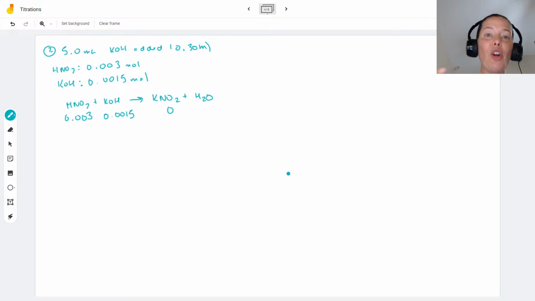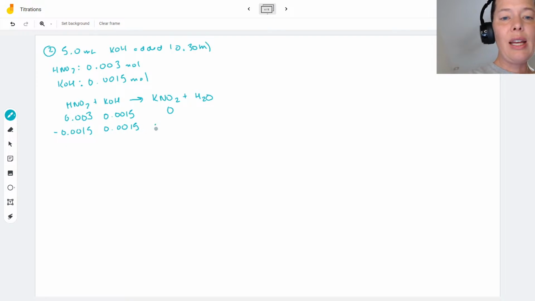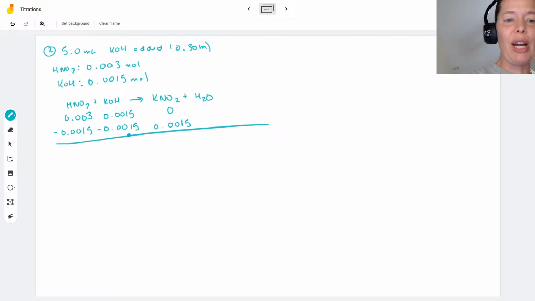I don't have anything here yet. Again, I need to determine my limiting reactant. So which one is going to run out first? Well, this is a great thing about having a 1-to-1 ratio, because you can very easily see that my potassium hydroxide is going to run out first. So I'm going to use up all of my potassium hydroxide, and I'm going to form a little bit of potassium nitrite. So this should be subtract.